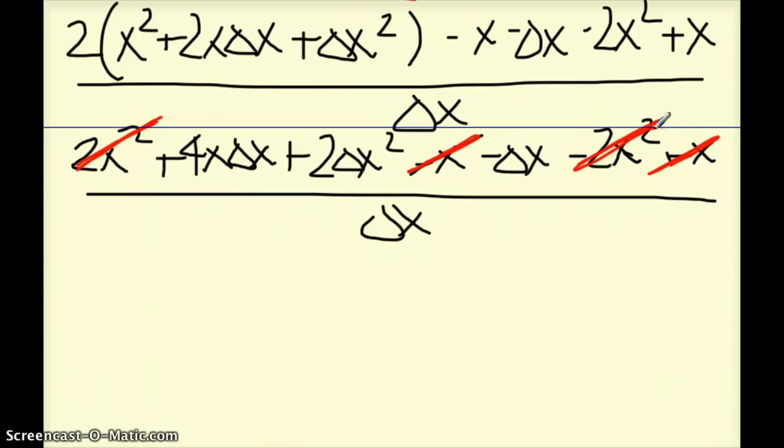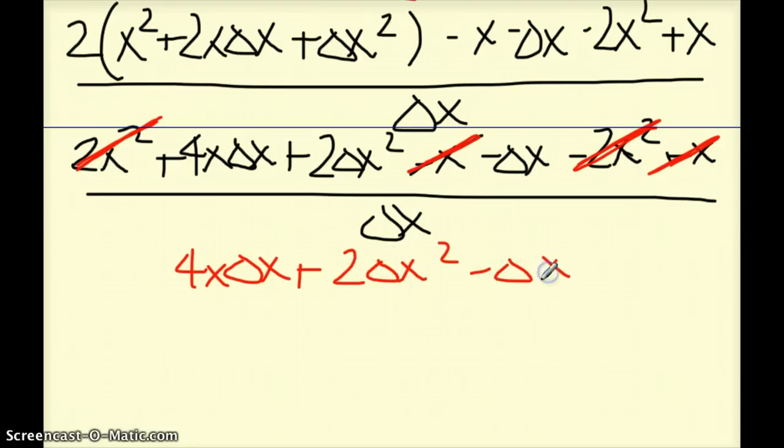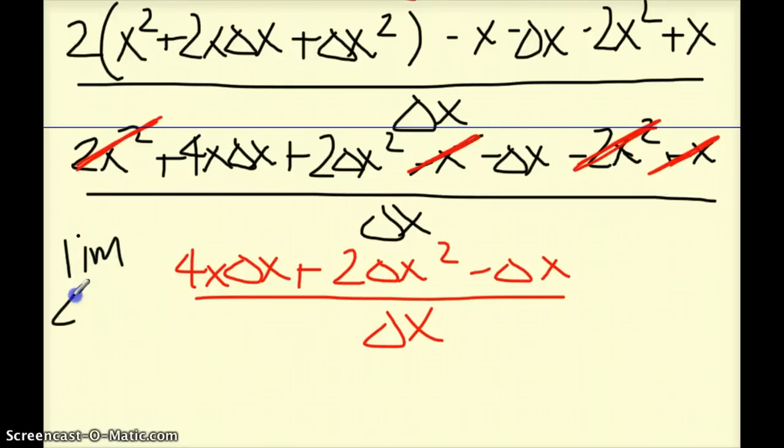And what I have left is 4x delta x plus 2 delta x squared minus delta x all over delta x. Well, am I finished? No, because if you remember, I'm not just solving and simplifying this. I need the limit as delta x approaches 0.